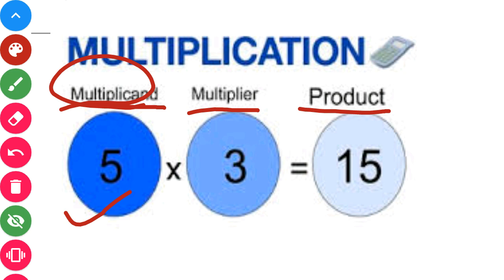What is multiplier? The number by which we multiply is called multiplier. That means जिस नंबर से मल्टीप्लाई करना है वो मल्टीप्लायर होगा. तो इधर हमें 5 को 3 से मल्टीप्लाई करना है तो 3 will be multiplier.